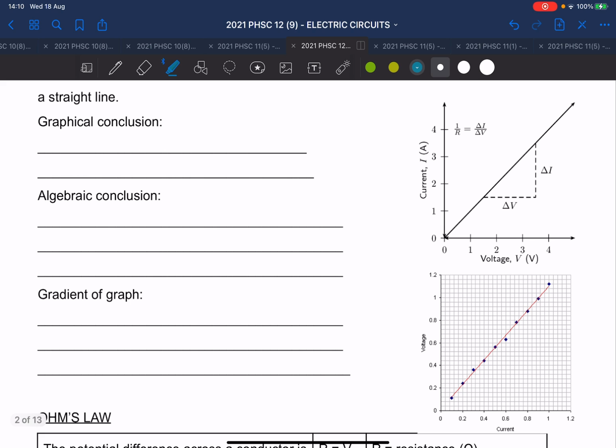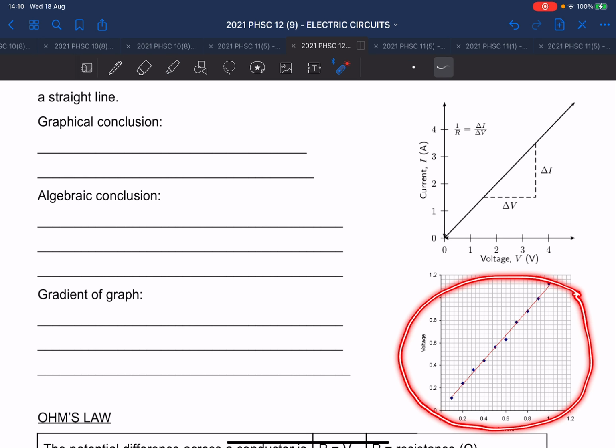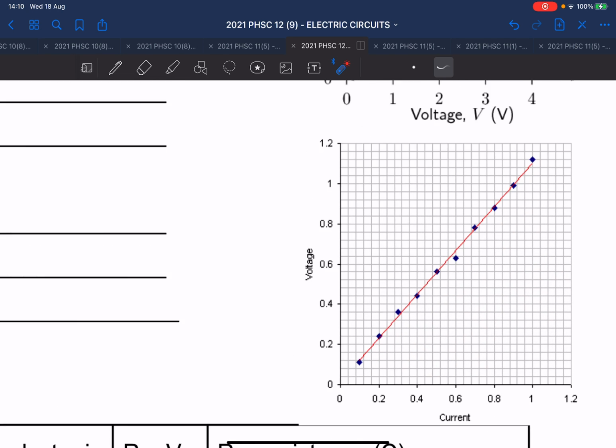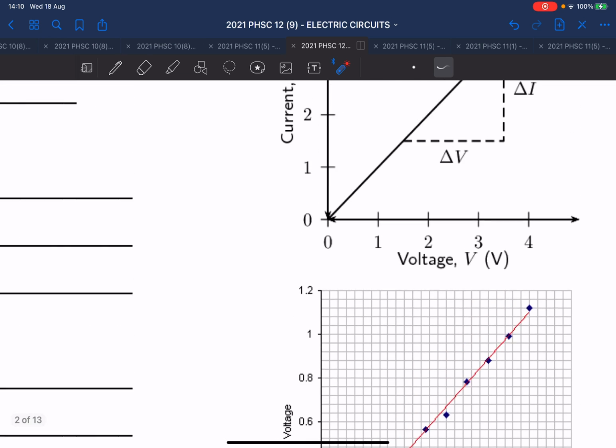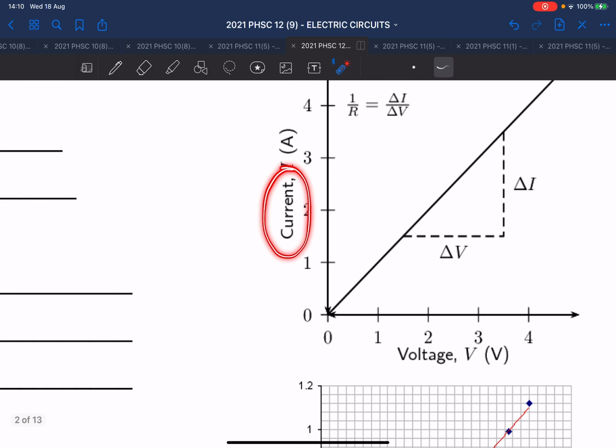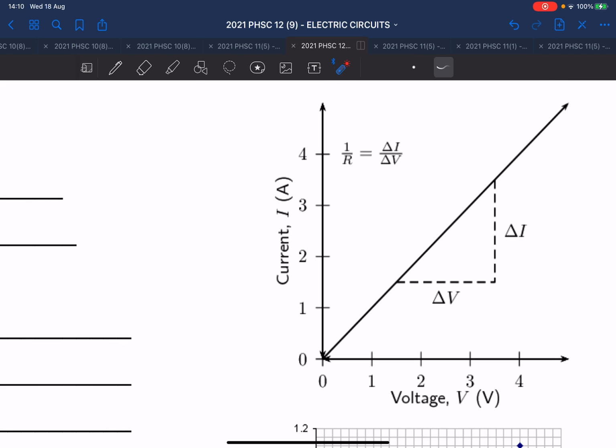In last year's notes we had the bottom graph, where we had volts versus current. I just want to show you that you can also have current versus volts. I realize that more often than not they give this type of graph in the end exam, where they compare current with voltage.